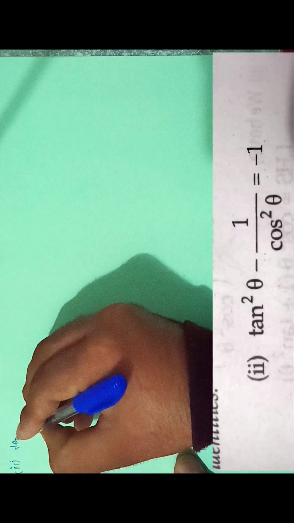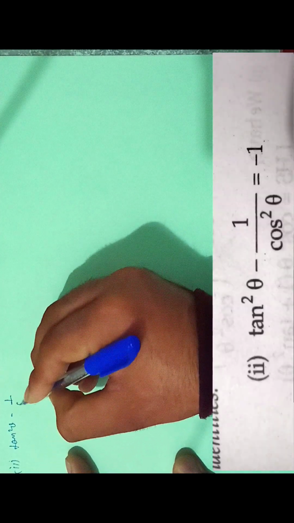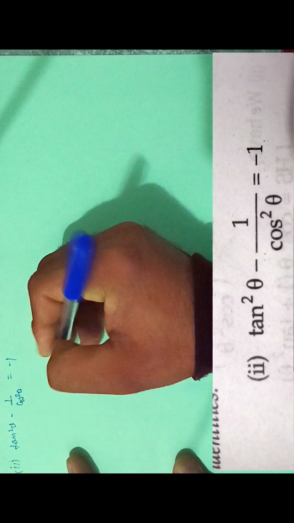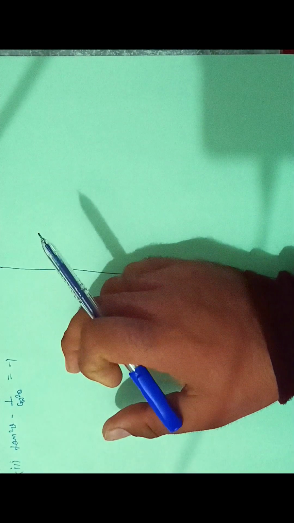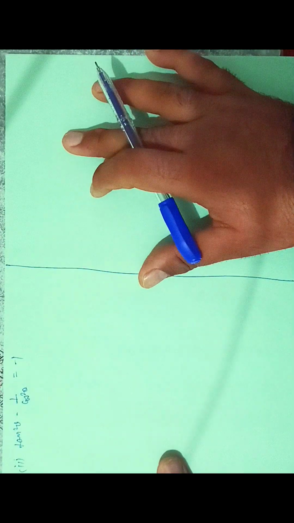Second, let's take another example. Similarly, we have tan square theta minus 1 upon cos square theta, and you have to prove this as minus 1. So the very same method we'll use in this example.